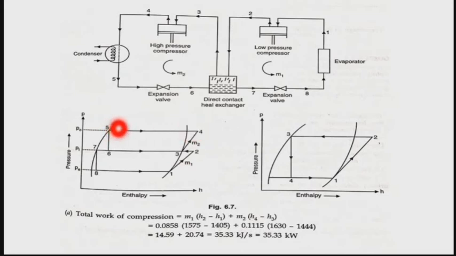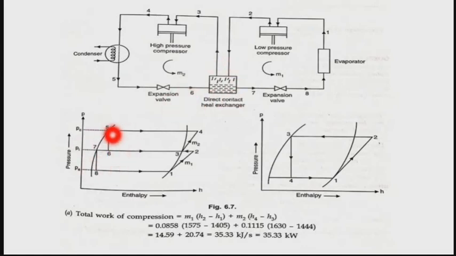But 6, 7, 8 come because we added this heat exchanger. So 6, 7, 8, all these things are coming because of this heat exchanger.